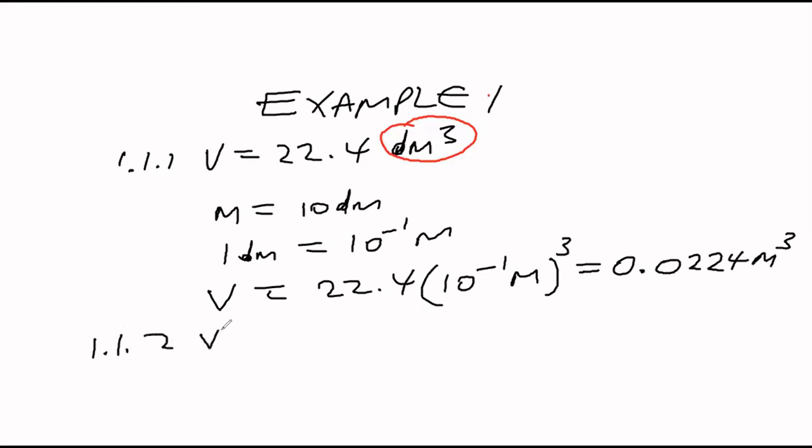Okay, the next question, 1.1.2. We need to convert a volume of 50 cubic centimeters. What we know is 1 meter is equal to 100 centimeters, which is the same as 10 to the power 2 centimeters.